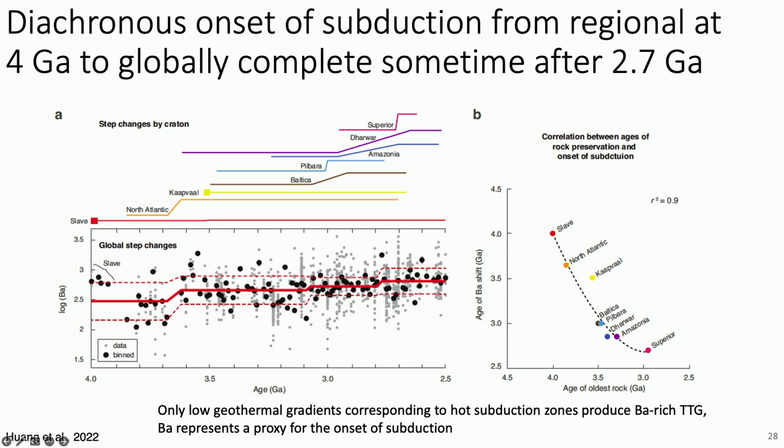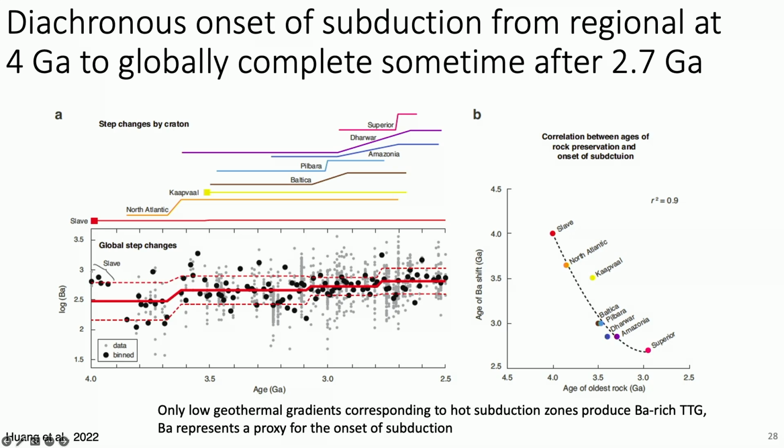It analyzes the barium concentration in some rocks of the oldest cratons, which have the property to track the onset of subduction zones. The richness in barium is typical of TTGs, and it can be produced only in lower geothermal gradients corresponding to some hot subduction zones, and that can be reasonably used as a proxy for the onset of subduction zones.